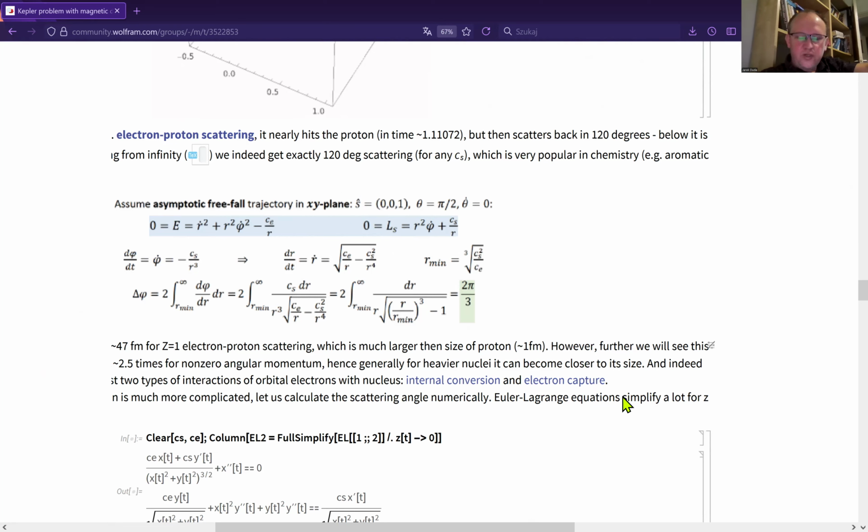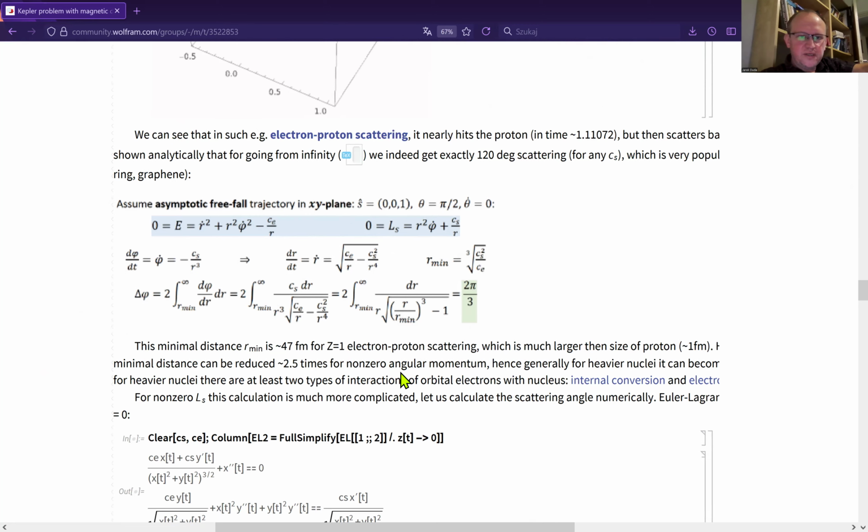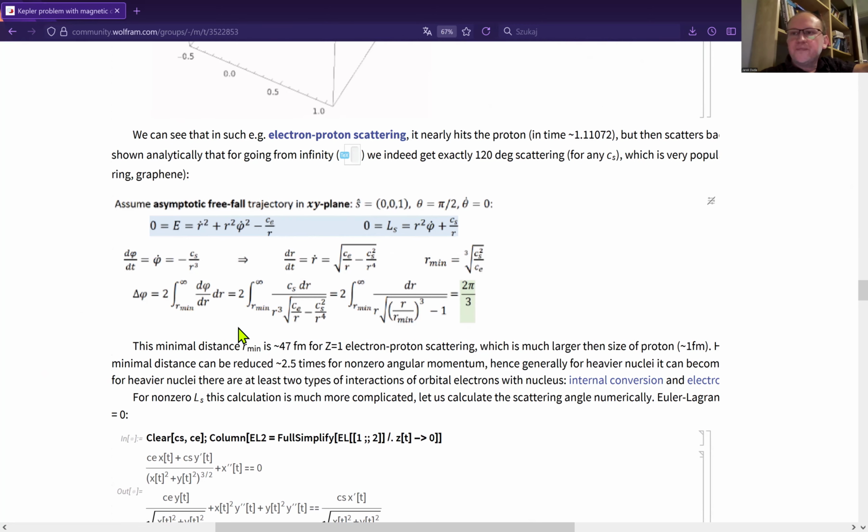So these are well-known phenomena observed for large nuclei. And indeed we can see here that this minimal distance is crucial. For large nuclei it can be comparable with nuclear size, so there can be interaction between the electron and the nucleus. But for small ones, there should be nearly no interaction, and it's not observed. So I think this is very nice to think about.